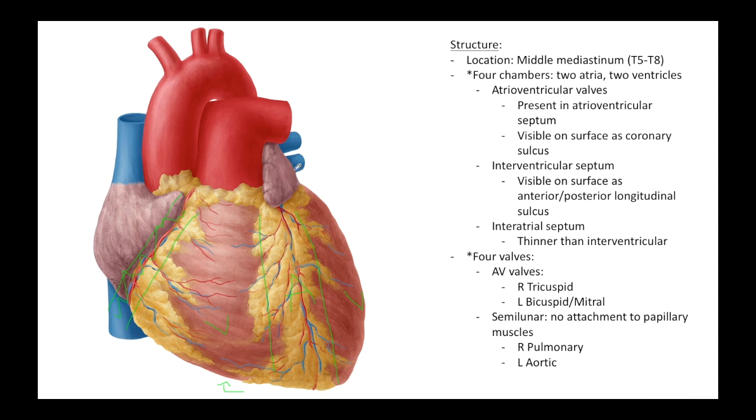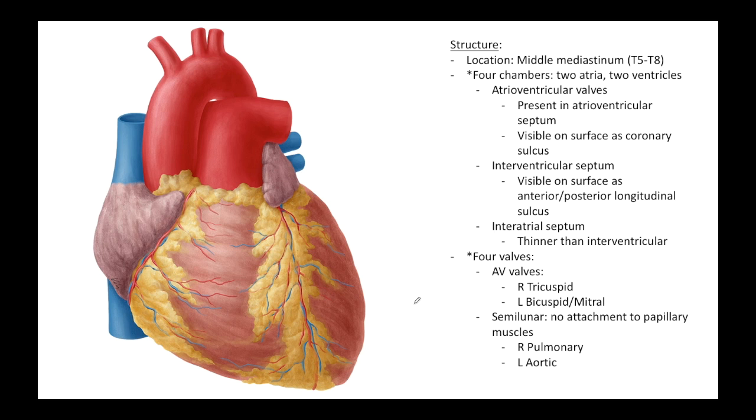And then between the 2 atria, which we can't really see, but pretending that it's somewhere there, is the interatrial septum. An important thing to know about that is that it's going to be thinner than the interventricular septum, because this guy is going to be more important for the contractile force of the ventricles. So it's got to do some more work there.